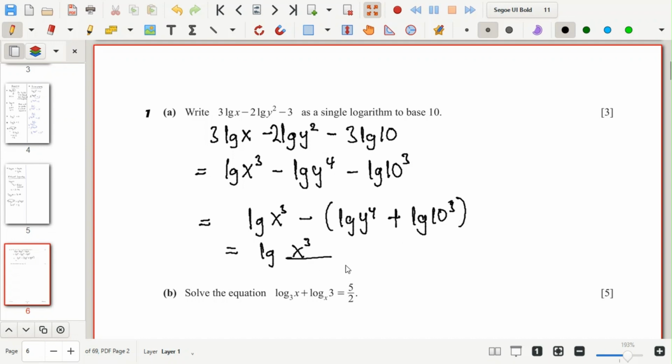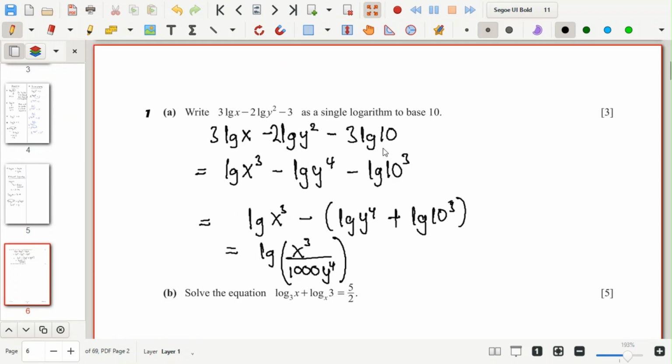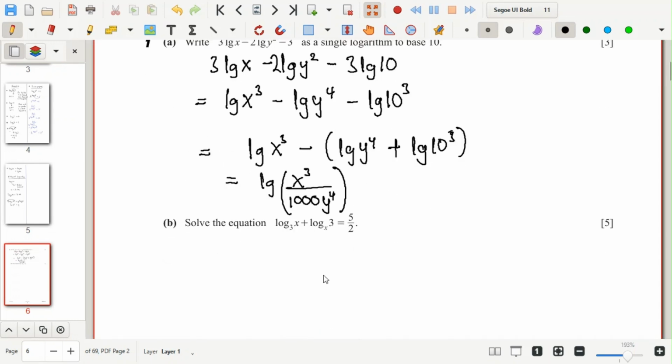That's why I wrote here, this is the same as 10 to the power 3, which is 1000 times y to the power 4. Okay, so right now I have a single expression for my argument. So you have been able to write it as a single logarithm. Is it difficult? I don't think it's difficult at all.